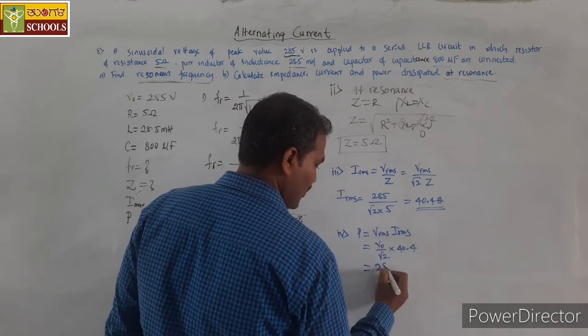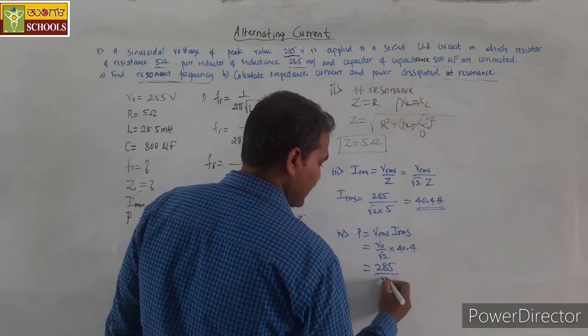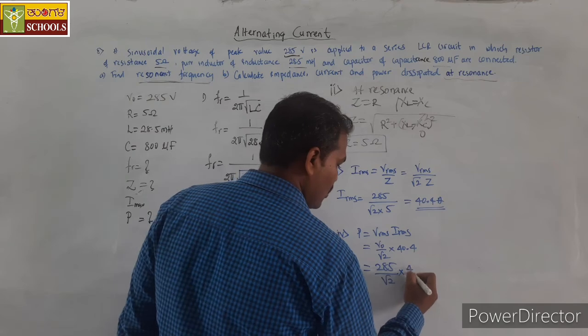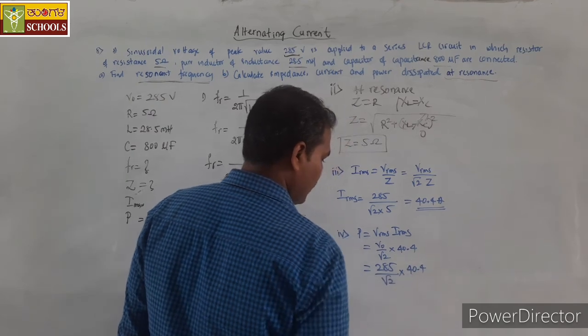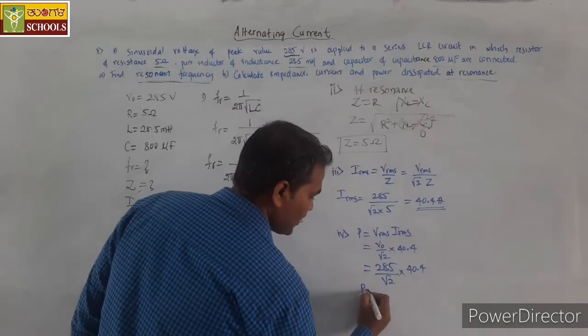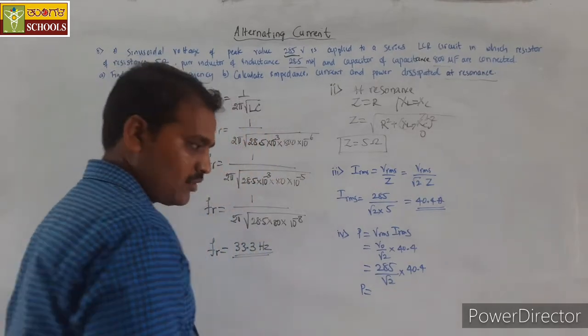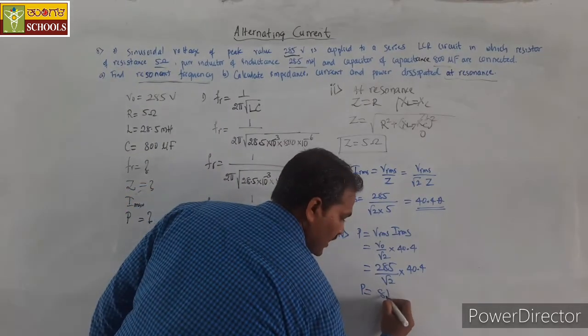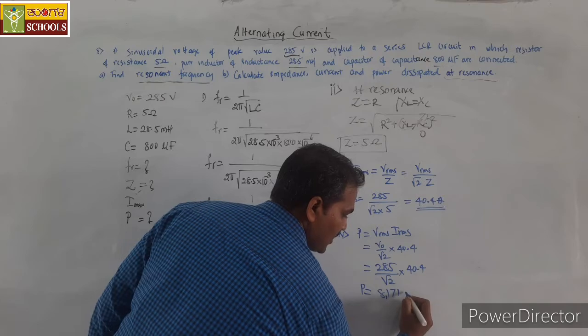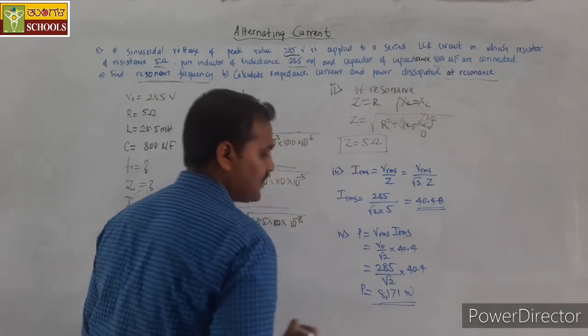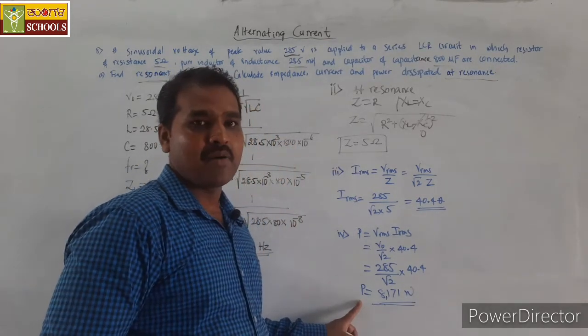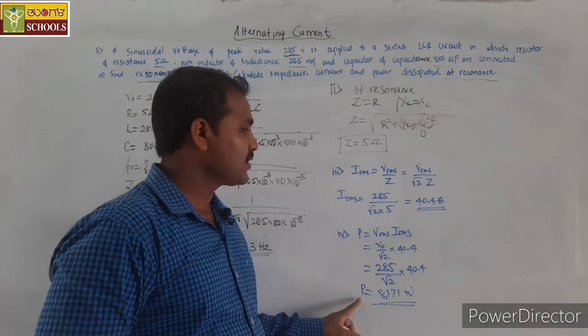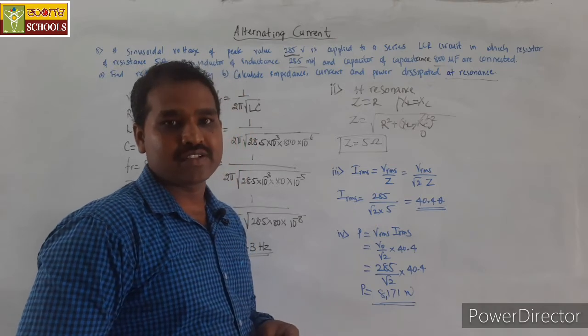Let us substitute the value of V naught, that is 285 divided by square root of 2 into 40.4. So this will give me the value of power is equal to 8171 watts. This is the value of power dissipated in the LCR circuit when it is in resonance.